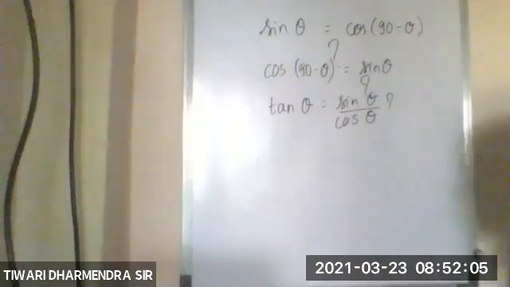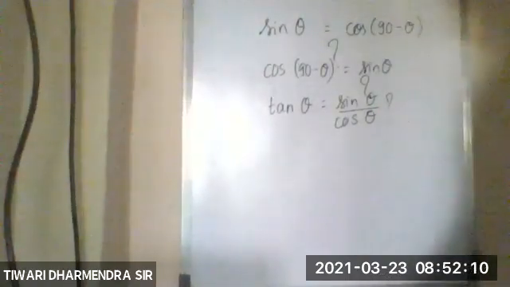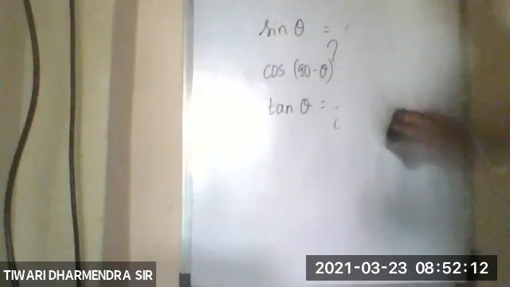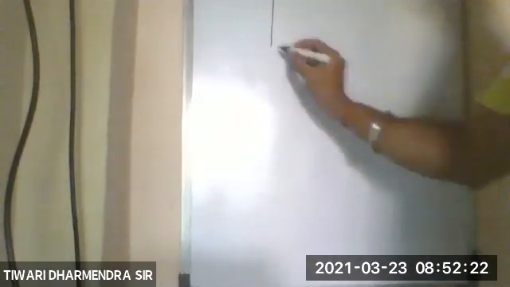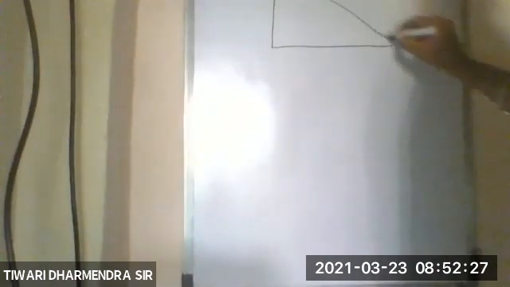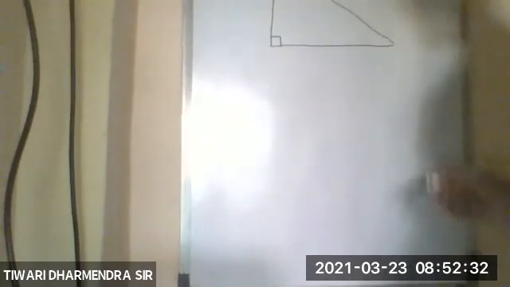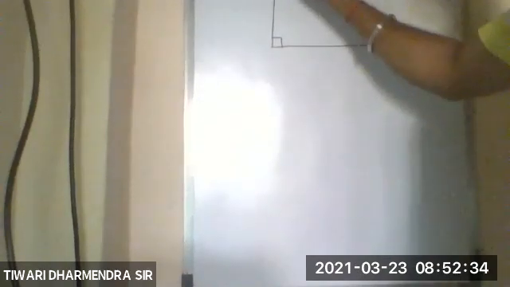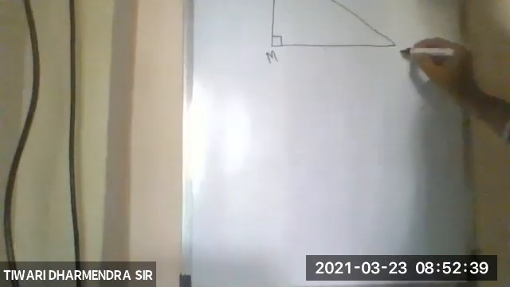So let's start with the relation. First, we will draw a diagram. First, we will make a right angle triangle. Assume that this is your right angle triangle with M as the 90-degree angle.